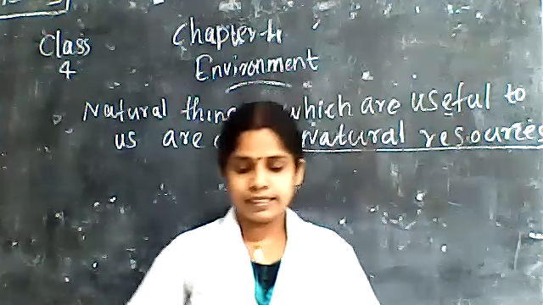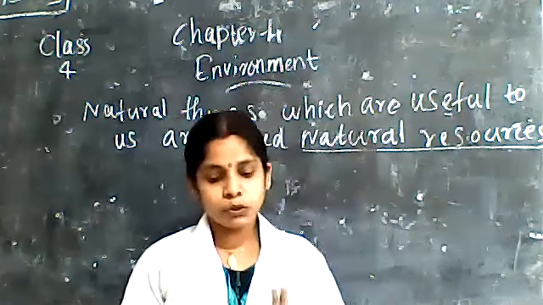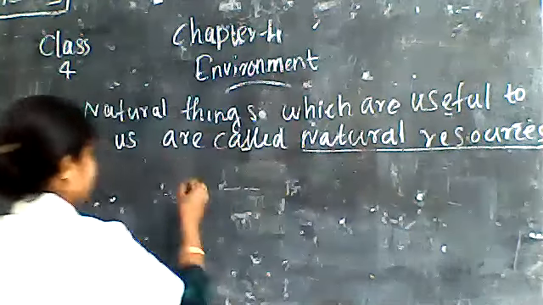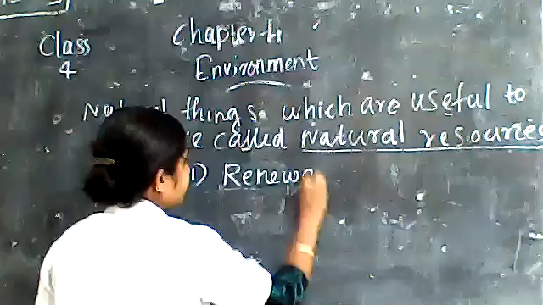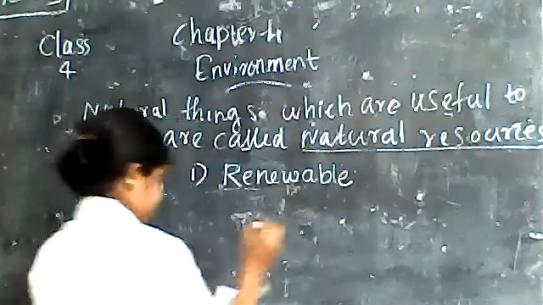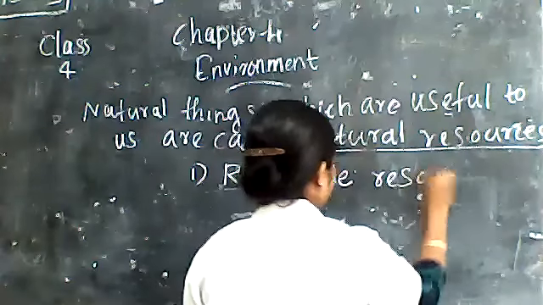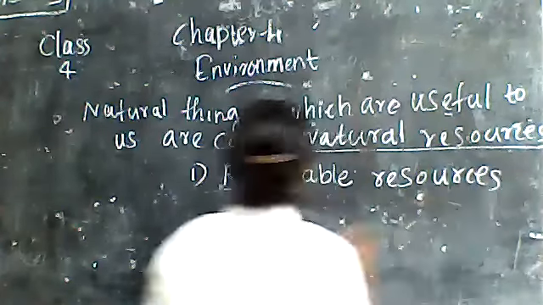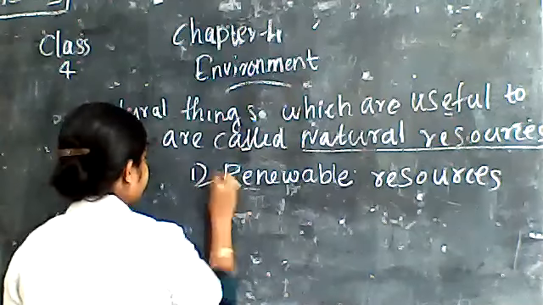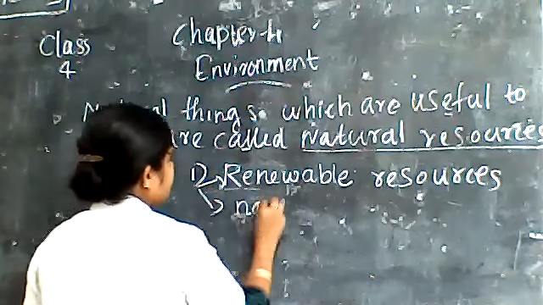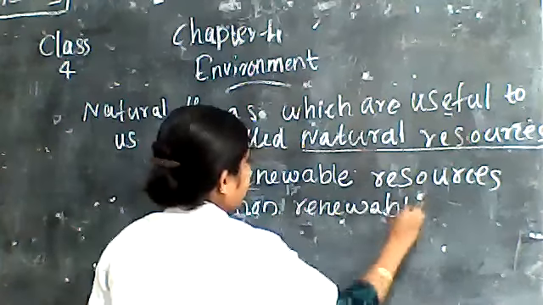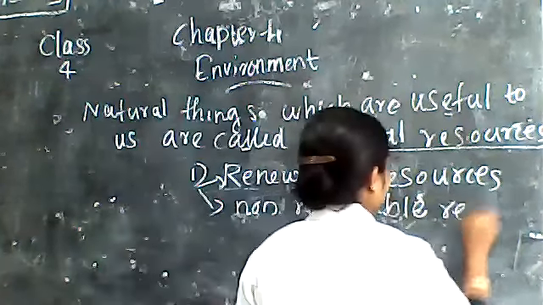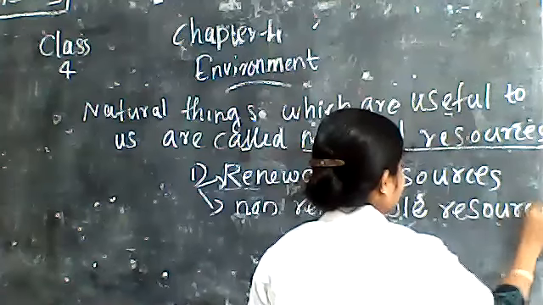Natural resources can be of two types. One is renewable resources and another one is non-renewable resources.